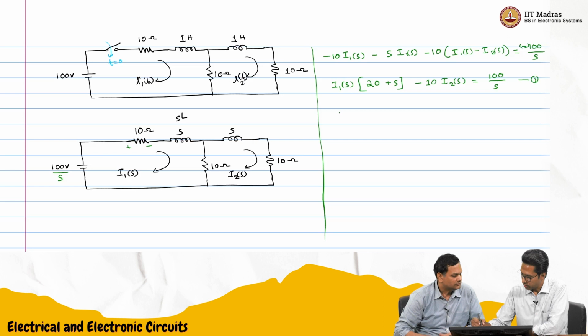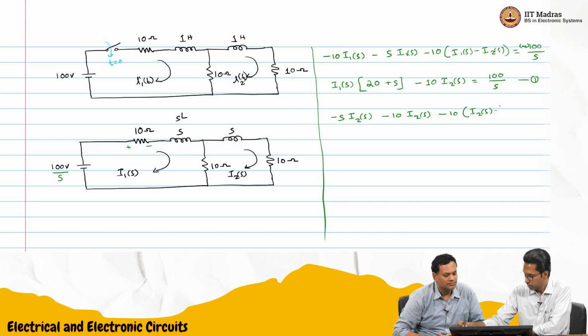Now for the second loop. Again, minus S I2 of S, minus 10 I2 of S, again minus 10 times (I2 of S minus I1 of S), equal to 0.